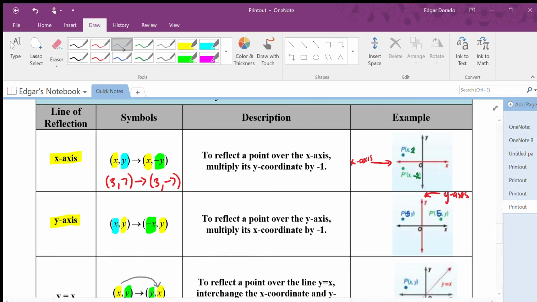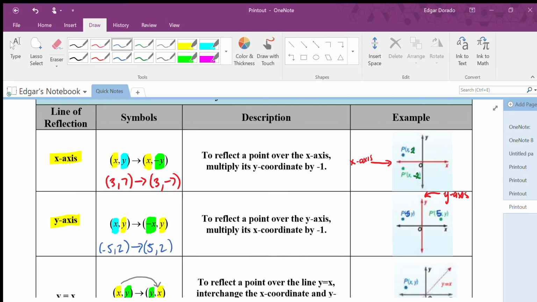Okay, let me give you an example of this one. If my original was -5, 2, my new one is going to be 5, 2.